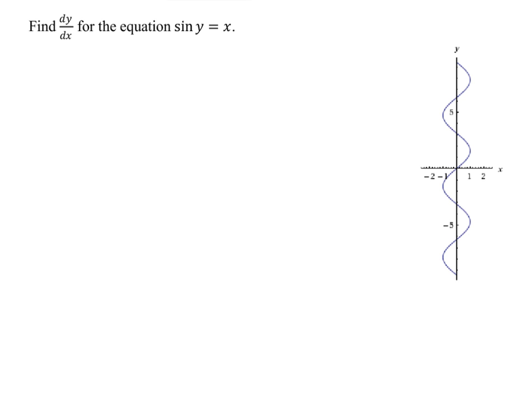All right. Now we can take the derivative of both sides. So again, I'm doing d over dx to both sides. The derivative of sine y with respect to x will be what? Are we multiplying sine times y? No. We are not multiplying sine times y.